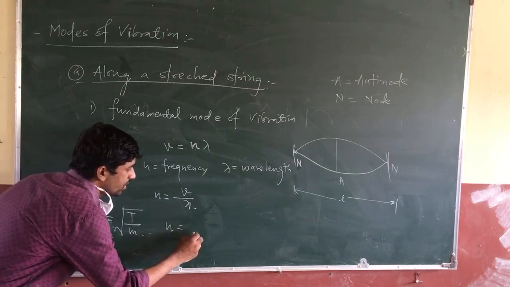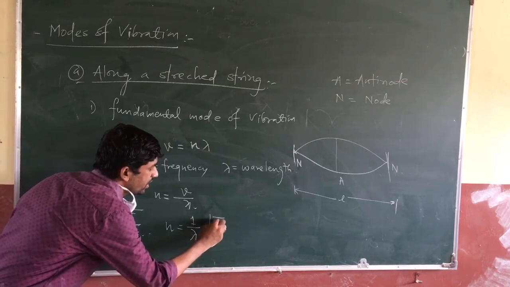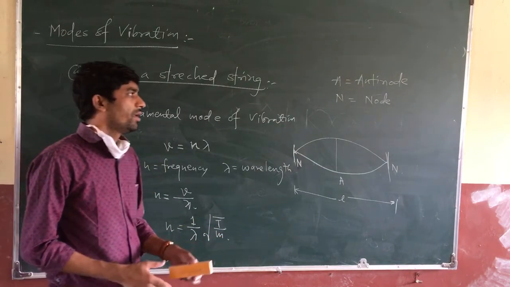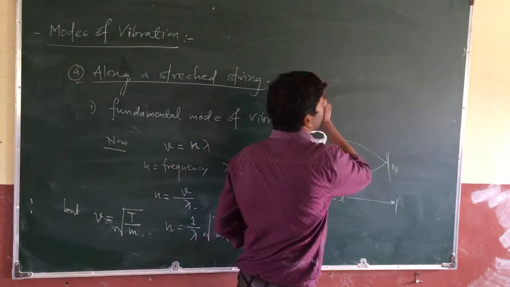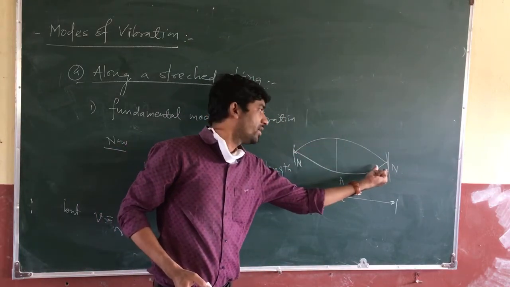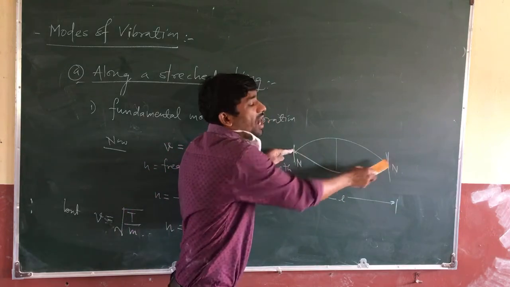So if you substitute here, what you will get? n is equal to 1 upon lambda, times the velocity, which is the square root of T divided by m. Now in this diagram, this distance is known as your length, but what is this? This is a half wavelength.